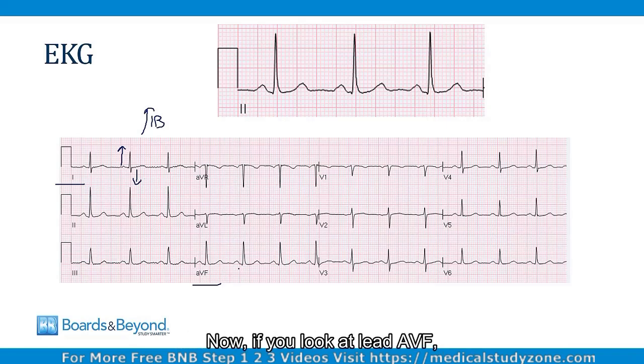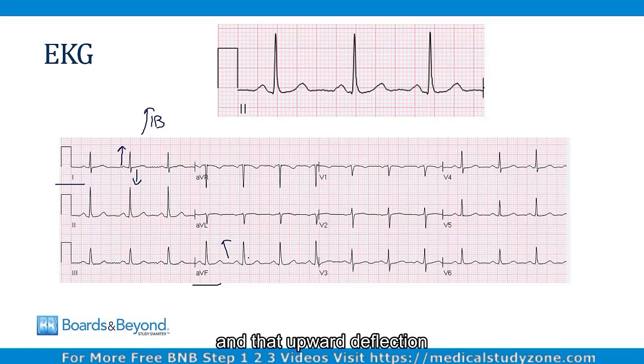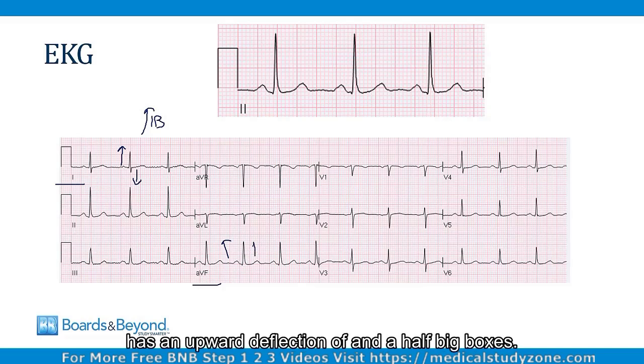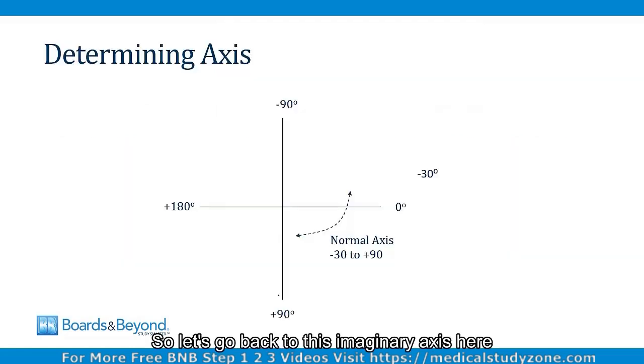That's because we've added the 1.5 big boxes upward and subtracted the half a box downward. Now if we look at lead AVF, we can see that it has only an upward deflection, and that upward deflection is about 2.5 big boxes. Once we know the overall vector of lead 1 and lead F, we can determine the QRS axis. So let's go back to this imaginary axis here, and the first thing we're going to do is plot the vector of lead 1.